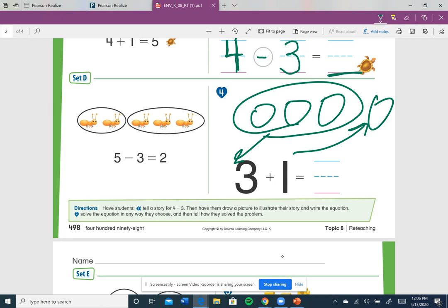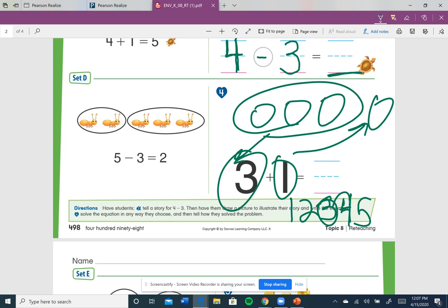Or I could do my jumps. 1, 2, 3, 4, 5. And I could start at 3 and have 1 jump. Or I could hold up 3 fingers and put 1 more up, and then I can count all my fingers.